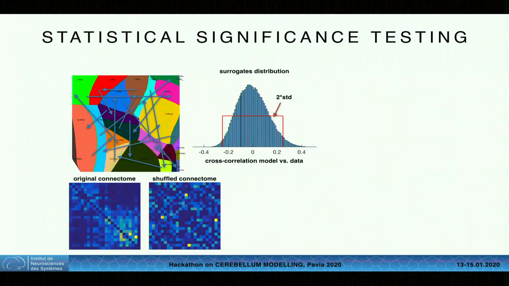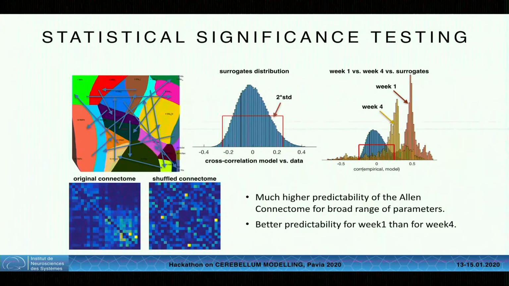And at the end, we also did statistical significance testing. So yes, if we shuffle this Allen connectome, then you end up with the correlation around 0 and with Gaussian distribution. So yes, indeed, there is some information in the structural connectivity.